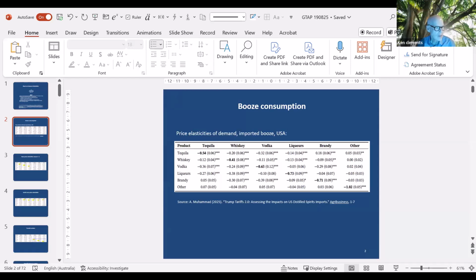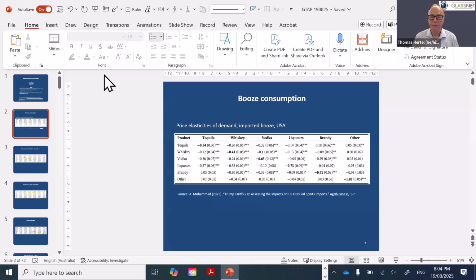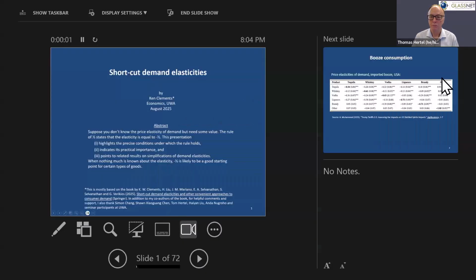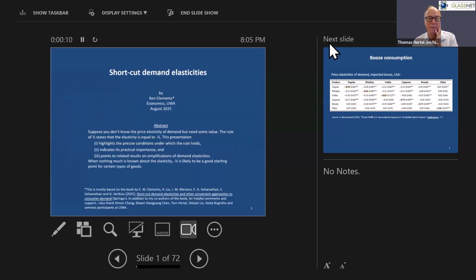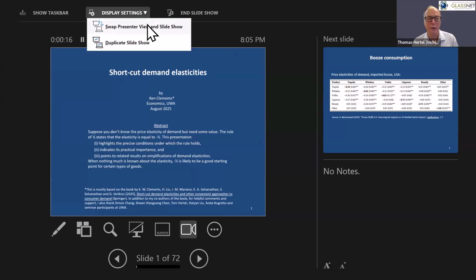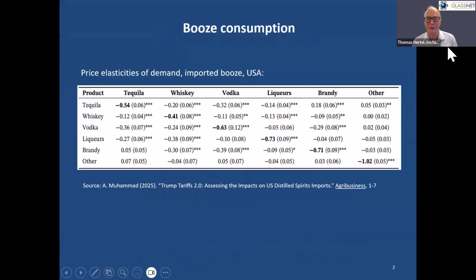Let me try to start again. Sorry. No worries. Right. Okay. How's that? We're seeing your second screen. If you go up to display settings, I believe, up at the top, yeah, come right down, swap. Perfect. We're in there. Okay.